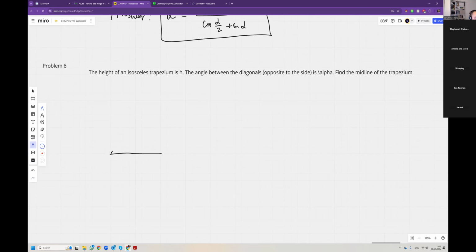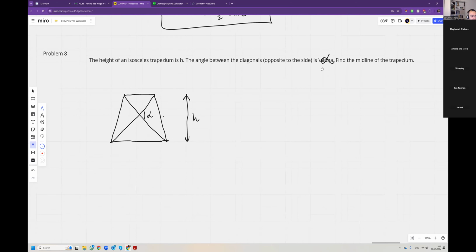The angle between the diagonals, so we need the diagonals, is alpha. So which one? This one or this one? Well, it says opposite to the side. So this is the side, so opposite to the side is this one. So this is alpha. Find the midline of the trapezium.